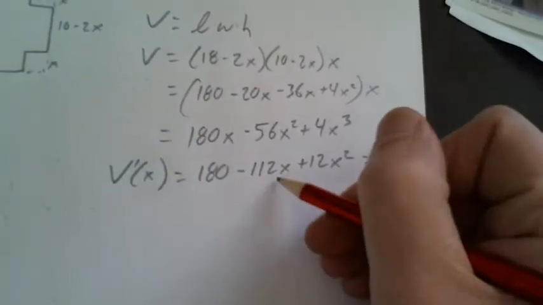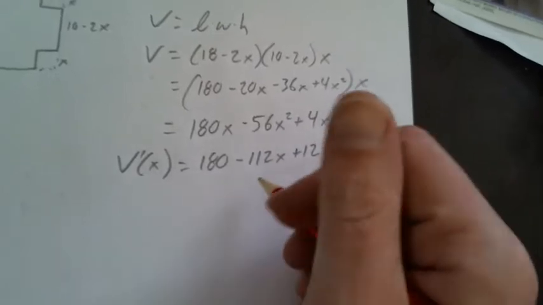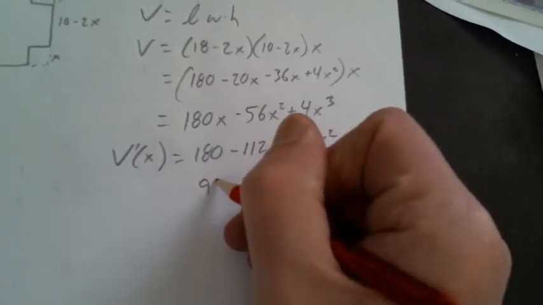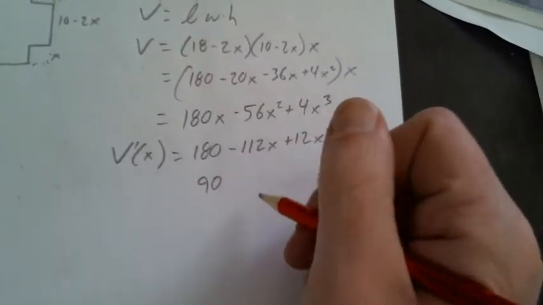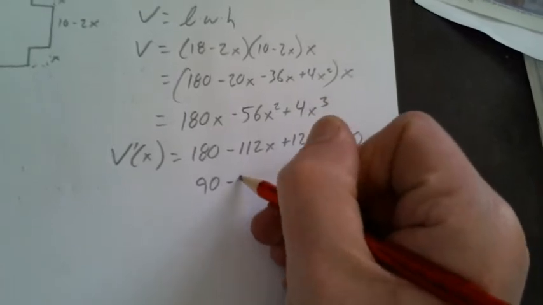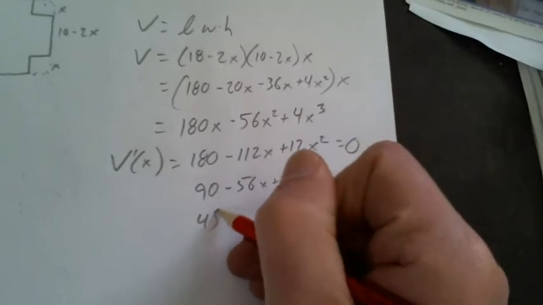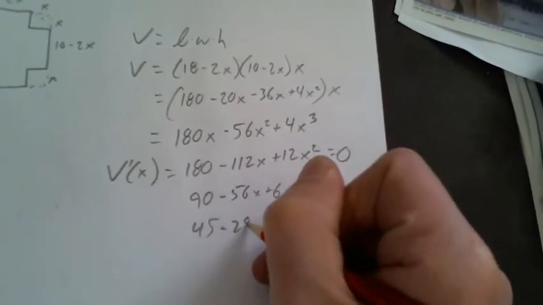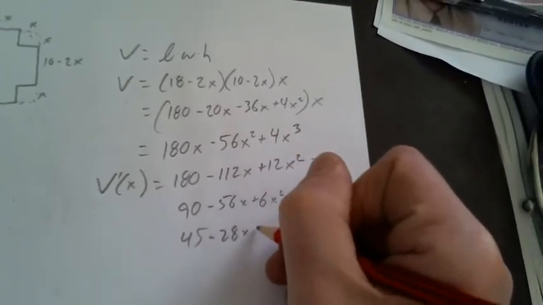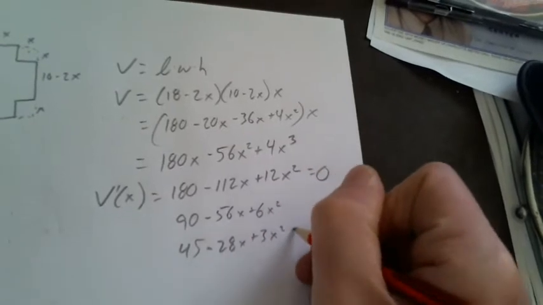Let's see. Is this divisible by 3? No. We'll just bring this down a little bit because we don't have a calculator. Dividing by 2: 90 minus 56x plus 6x squared, then 45 minus 28x plus 3x squared equals 0.